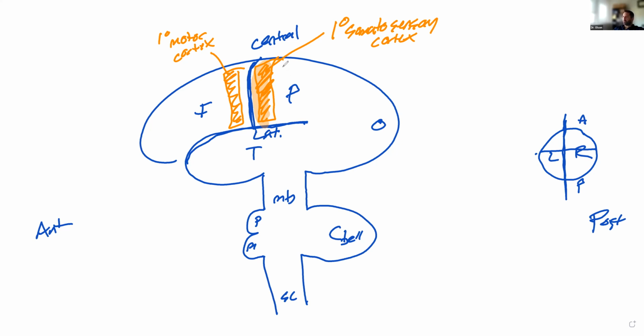We also have some areas within the parietal lobe, just posterior to the primary cortex here for sensations. And this is what we're going to call a sensation or association area.